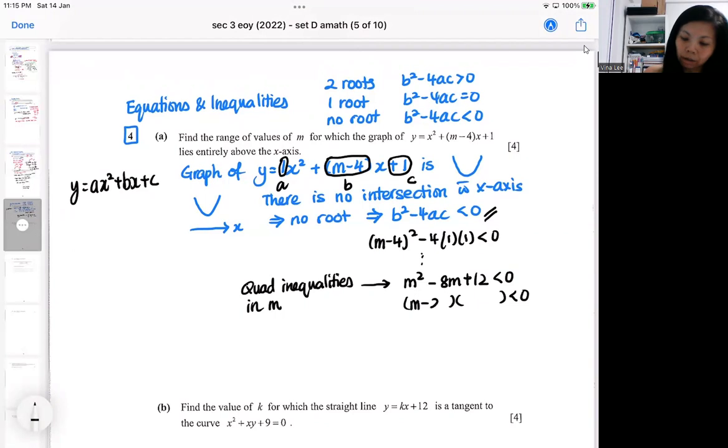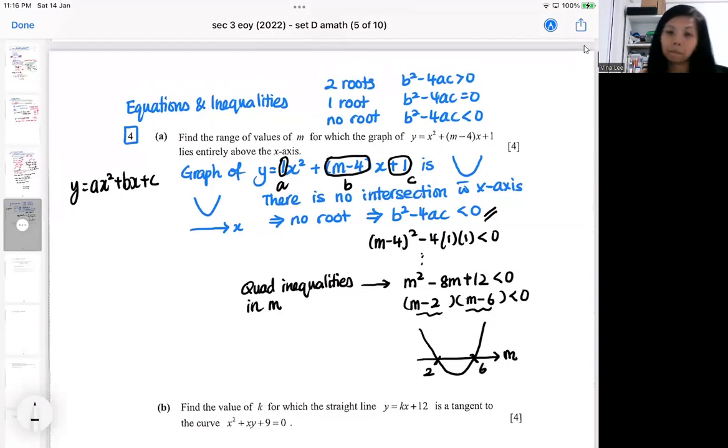You factorize so that you can look at it as a quadratic function. That means if I have drawn out the graph for M, not the graph for X, I should get a small graph, and the 2 brackets, mentally let it be 0, so you can have the intercept.